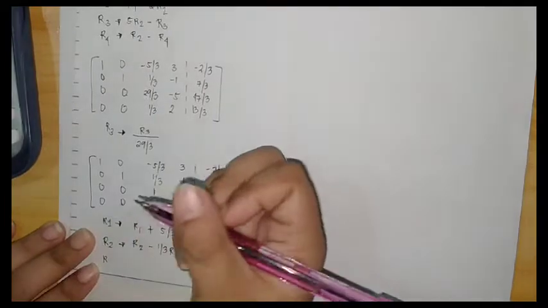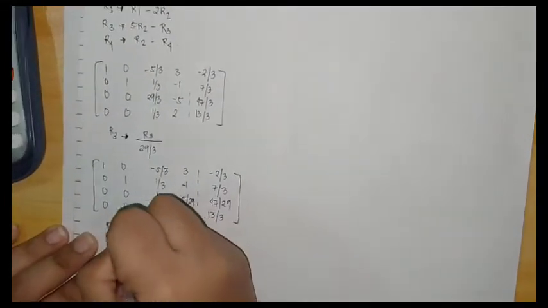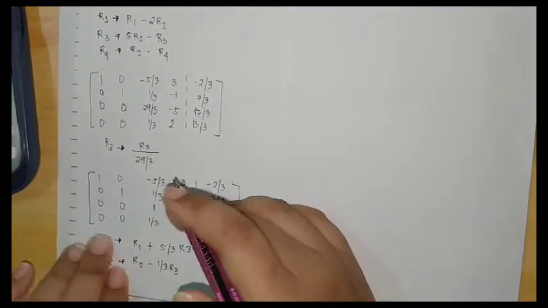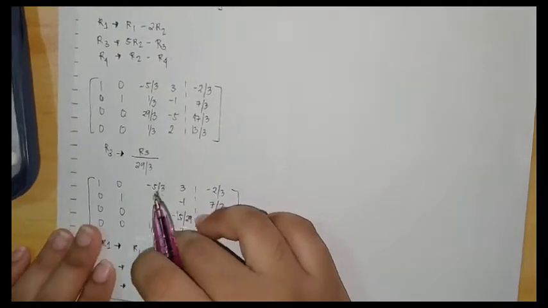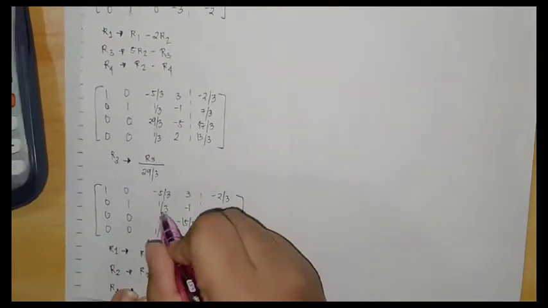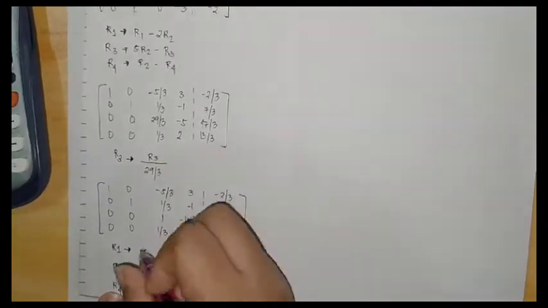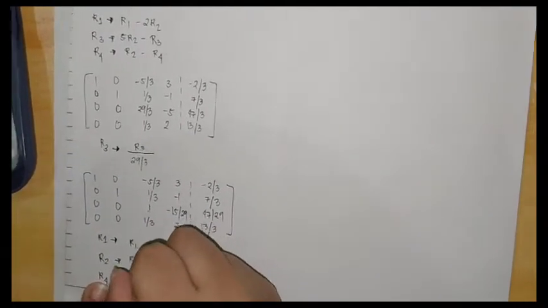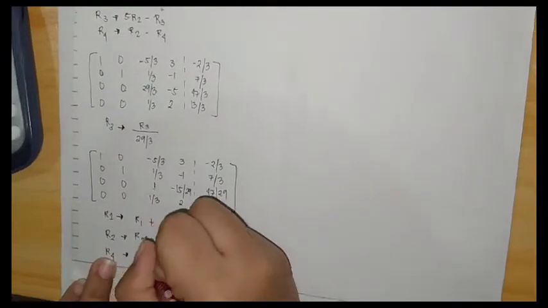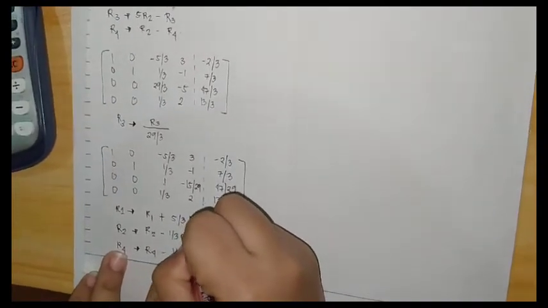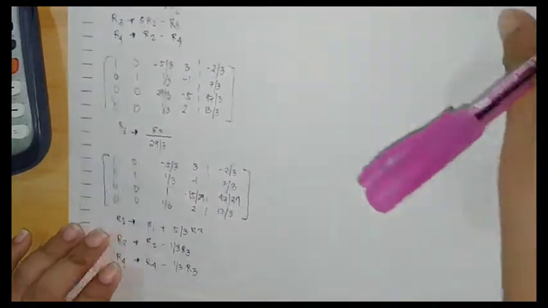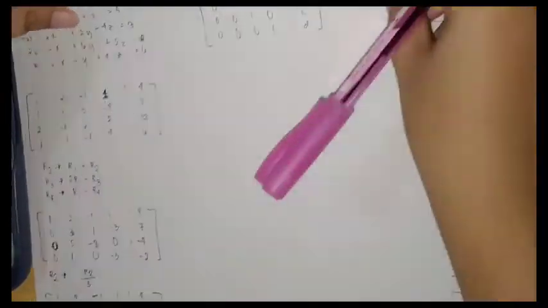For the new row 4, again, the same process as row 2 since they are the same in this column.